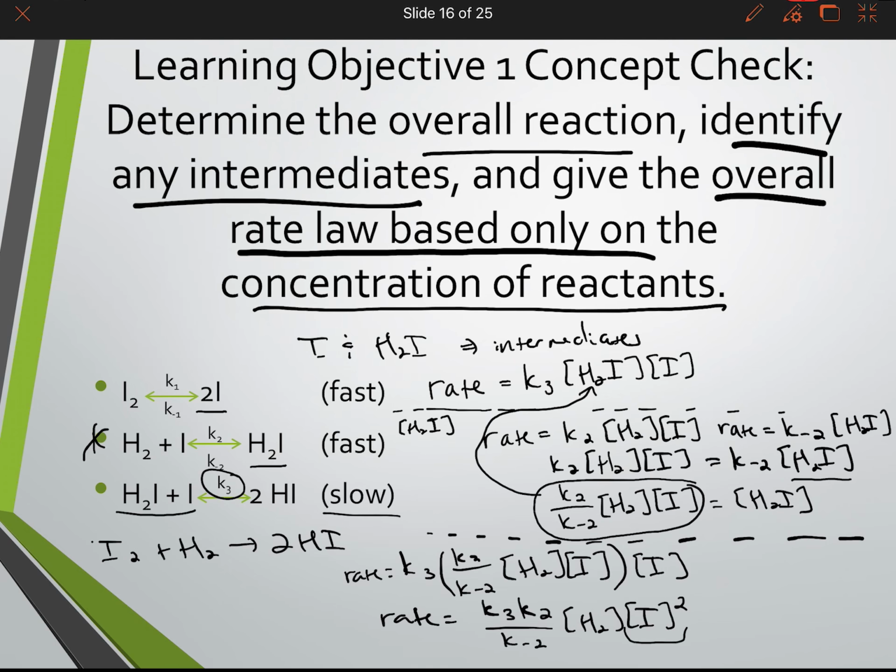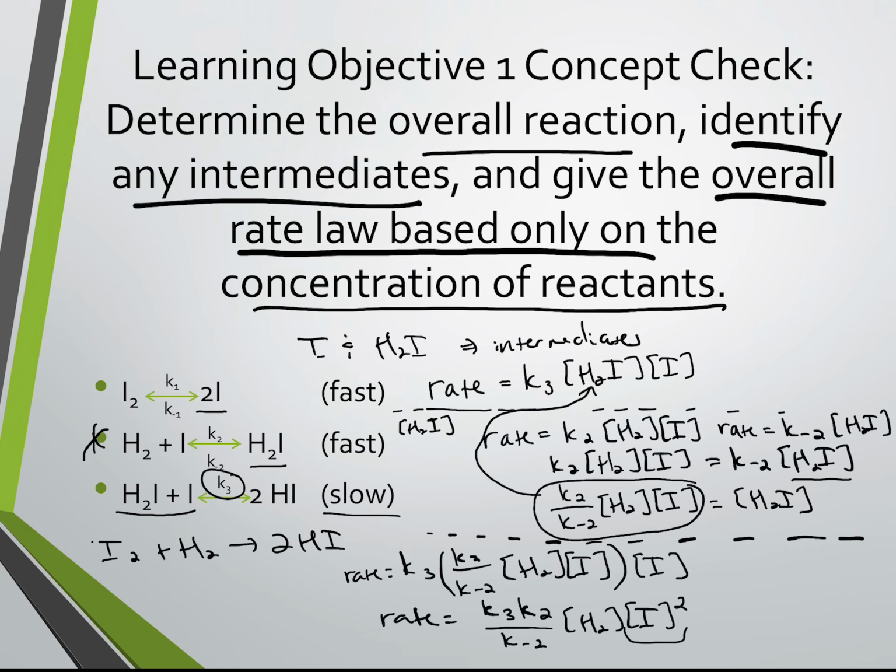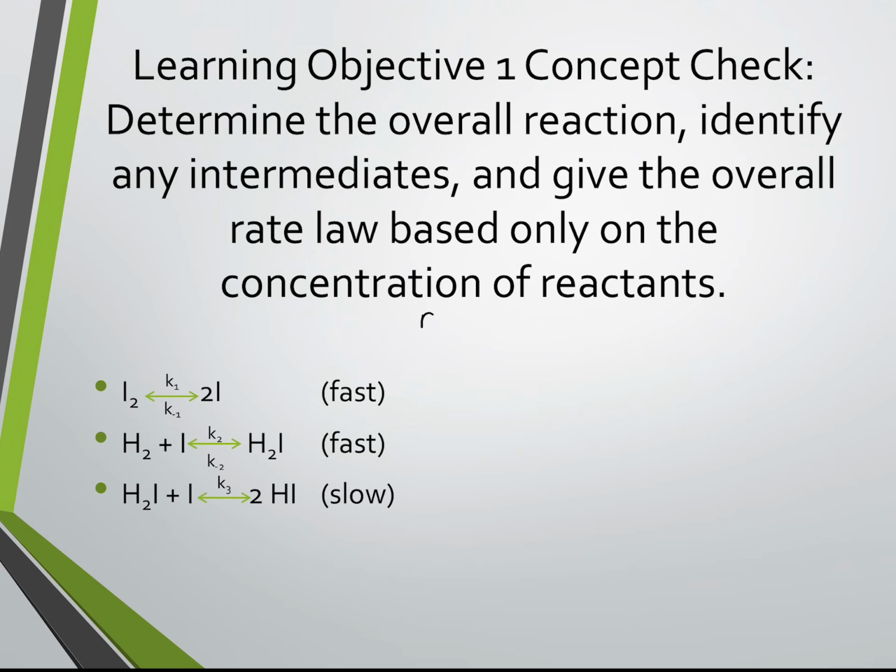So let's start there. We've got our rate is equal to k3 k2 over k minus 2 [H2][I]². This is where I is produced.